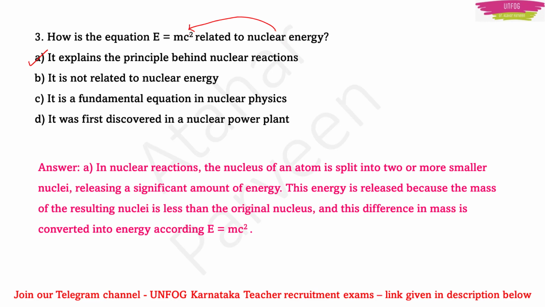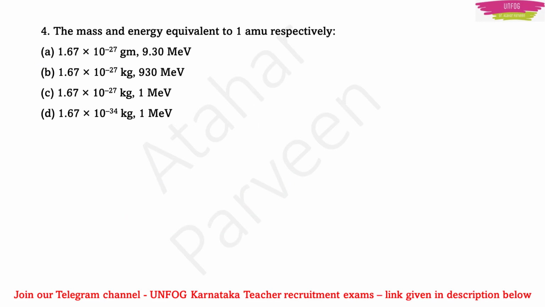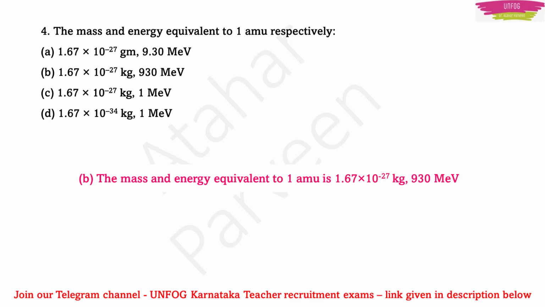Next question. The mass and energy equivalent to 1 AMU respectively is? As we have already derived it, we know the values now, right? The mass equivalent to 1 AMU is 1.67 into 10 to the power minus 27 kg, and the energy equivalent to 1 AMU is 930 MeV.